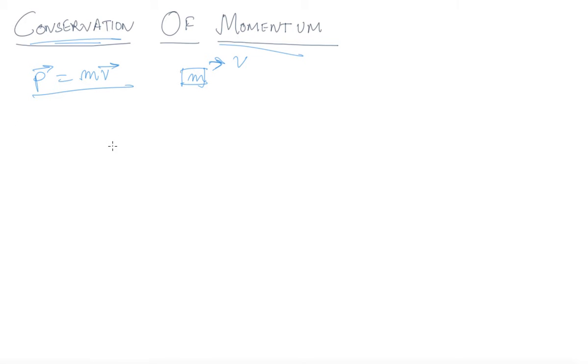Now, let's give you some examples. In your book, it is given that a ball has been attached to a string where a person is holding the string and rotating the ball.